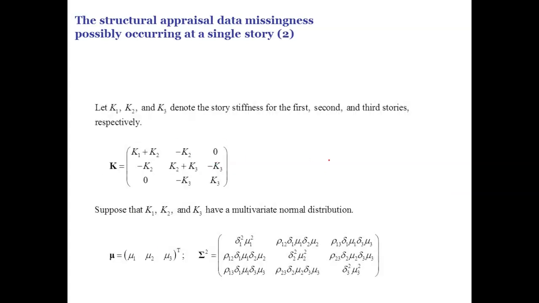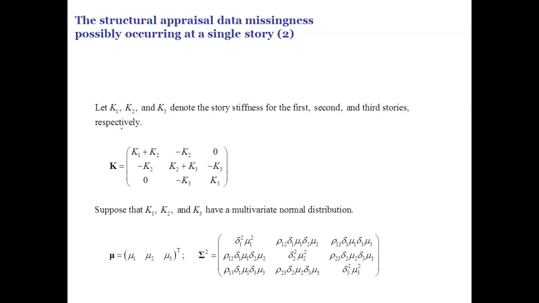So we're looking at a 3-story building modeled as a standard linear dynamic system. And the structural appraisal was carried out based on the story stiffness. So we have three stories, so we have 3-story stiffness data. Based on the structural appraisal data, we're going to estimate the stiffness matrix.